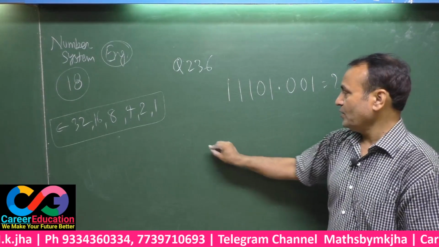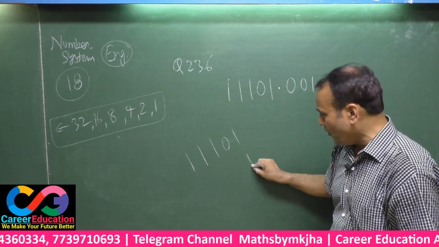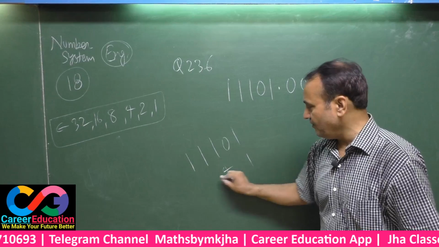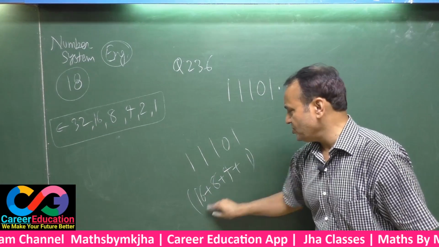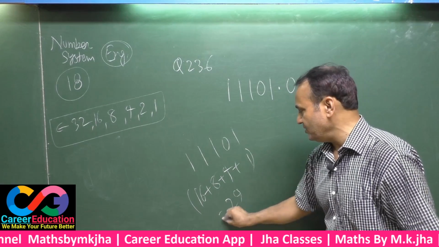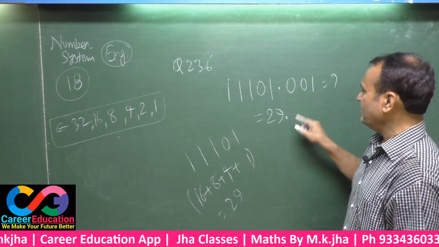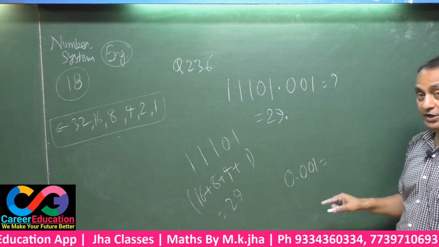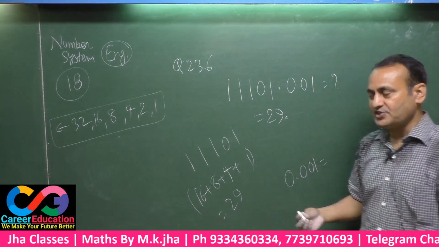That means see here, 11101 is 1, 2, don't accept, 4, 8, 16. That means this is 29. Your answer will be 29 point. See here, 0.001 to be converted into decimal system.